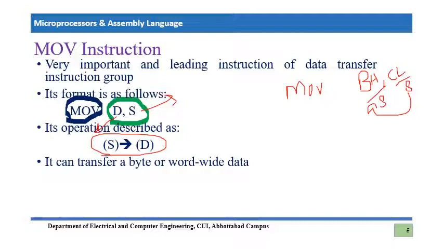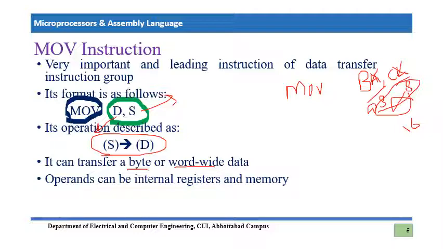If instead of BH and CL we use BX and CX, that converts the operation into a 16-bit operation. So the data transfer can be 16-bit or word wide, or 8-bit, a byte-wide information. Furthermore, operands can be internal registers or memory.